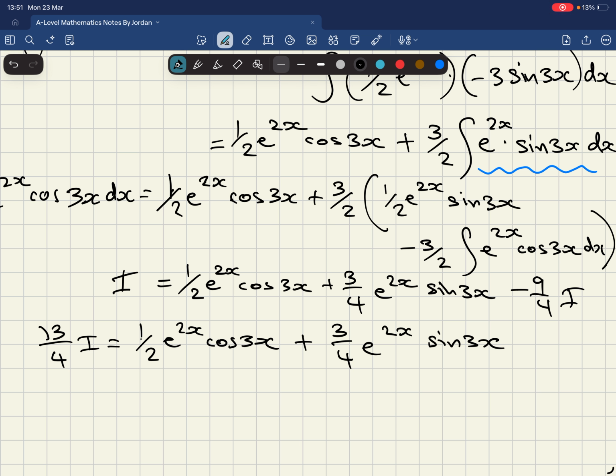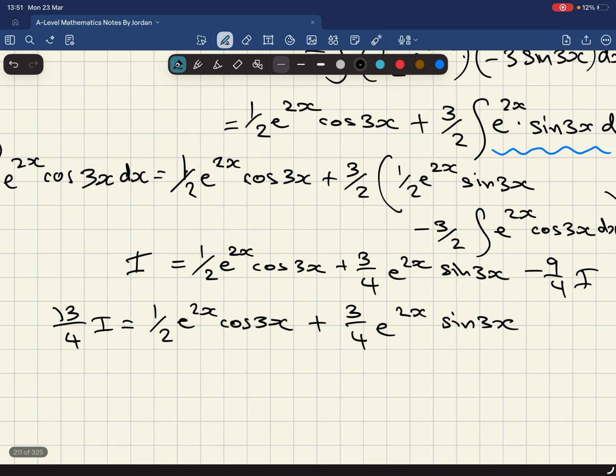Then we can times everything by 4 and then divide everything by 13. Or we can do it in one step and just times everything by 4 over 13. So let me do the 4 bit first. So if I times the half by 4, that's going to be 2. And if I times this by 4, it will just be 3, which gets rid of that. Then divide everything by the 13.